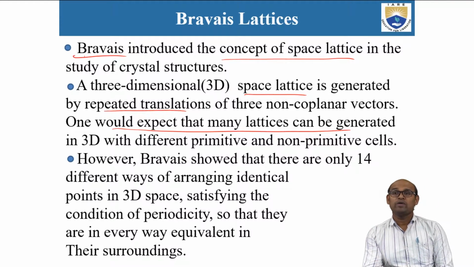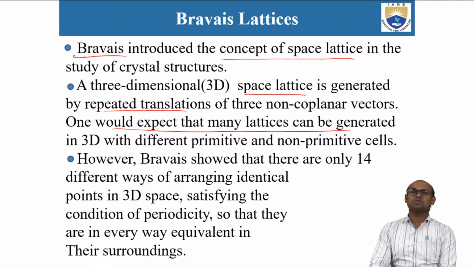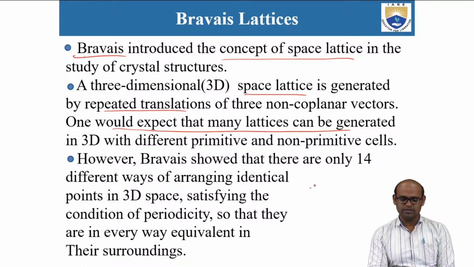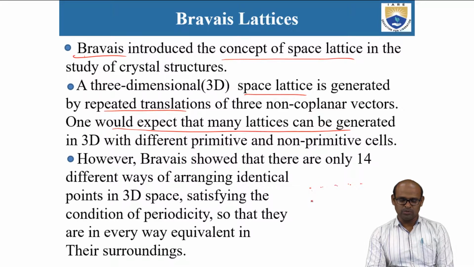When we discussed how to generate this space lattice, we said that we use translation. You can use translation in one direction and generate a row of points. Starting from every point, you can generate a 2-dimensional lattice.